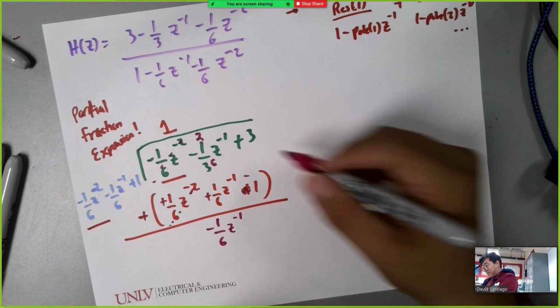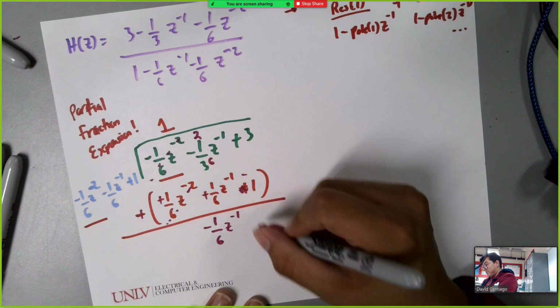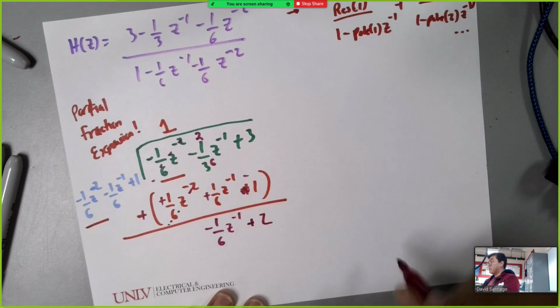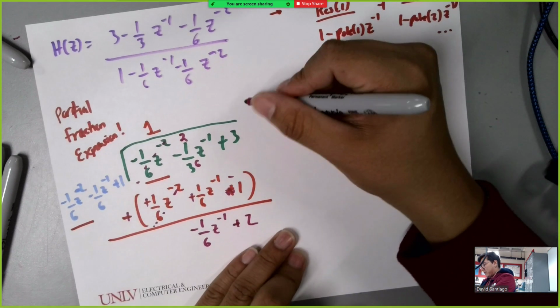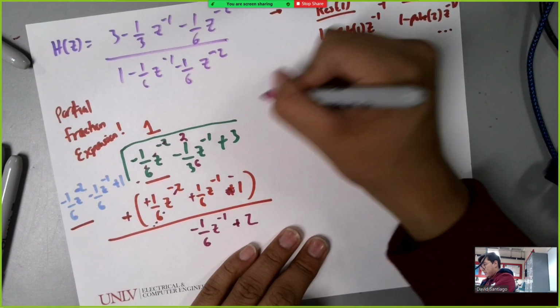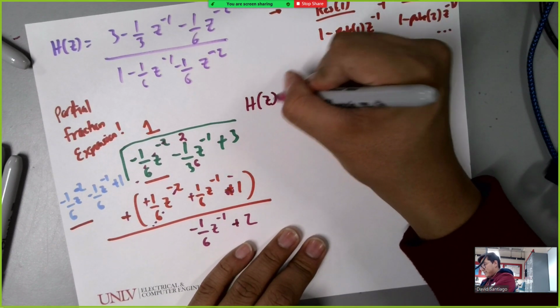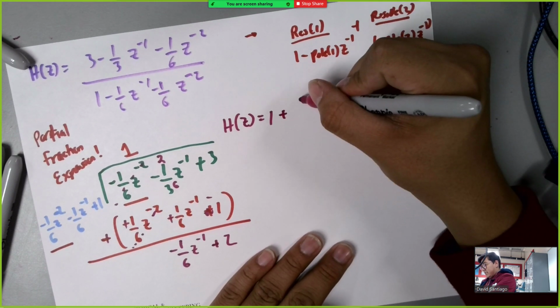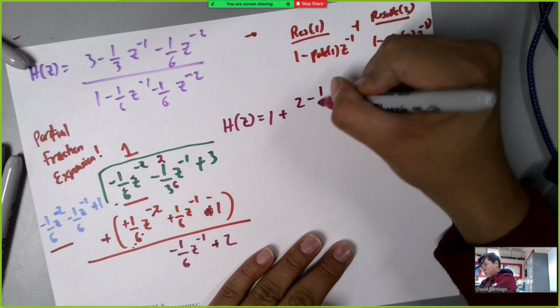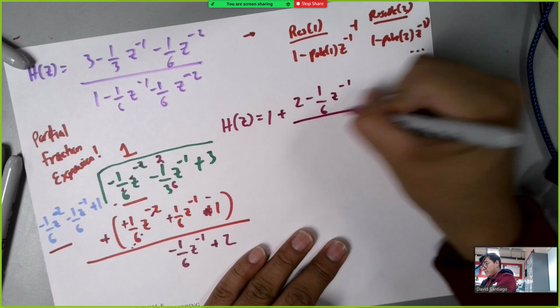And then this is 3 minus 1 gives us 2. Cool? And that is our leftover part, which means H of z is equal to 1 plus (2 minus 1 over 6 z to the minus 1).